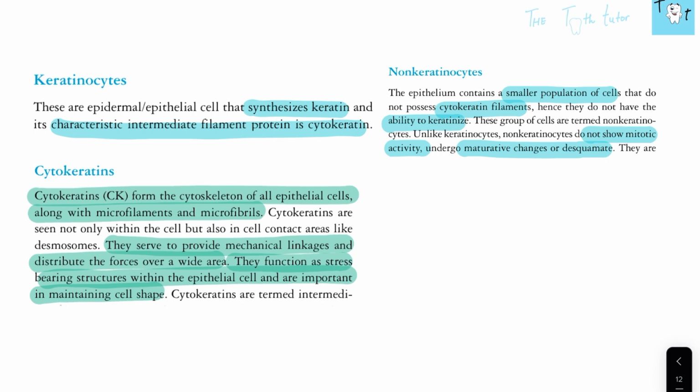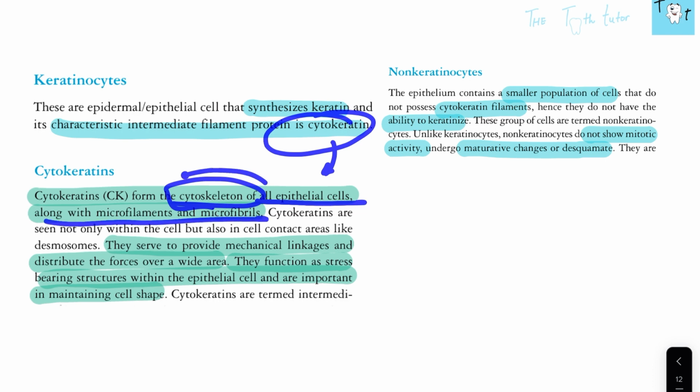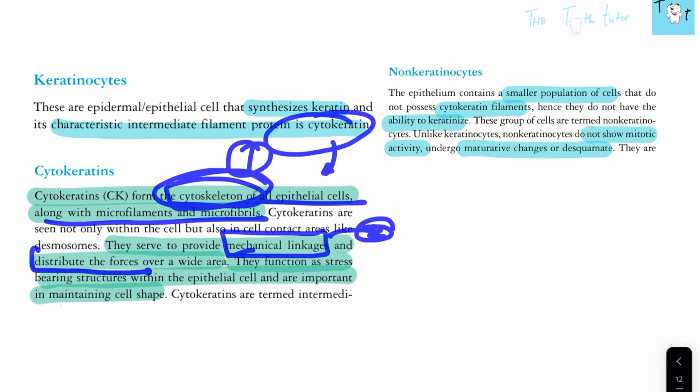Now looking at this protein cytokeratin, there is some detail given in the book. Cytokeratin forms the cytoskeleton of all epithelial cells. It provides mechanical linkage, and it distributes the forces over a wide area.